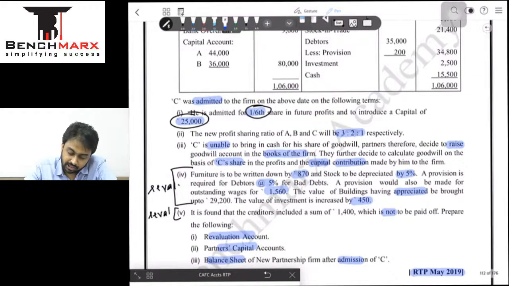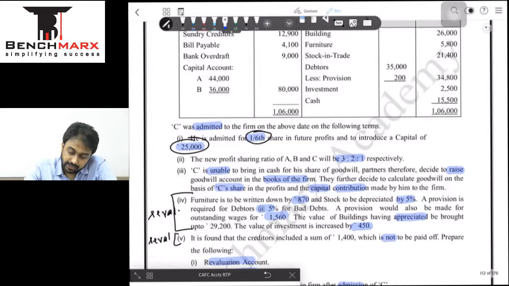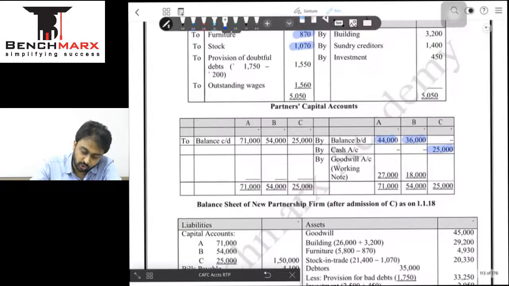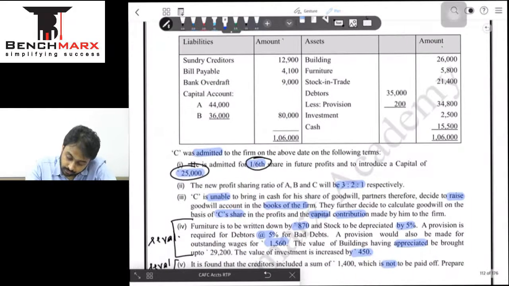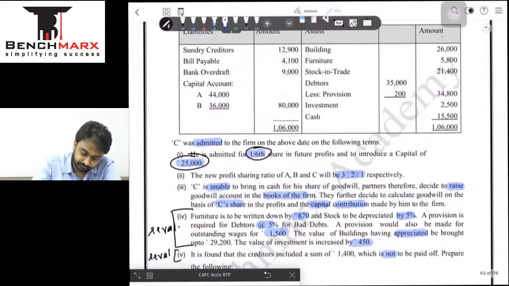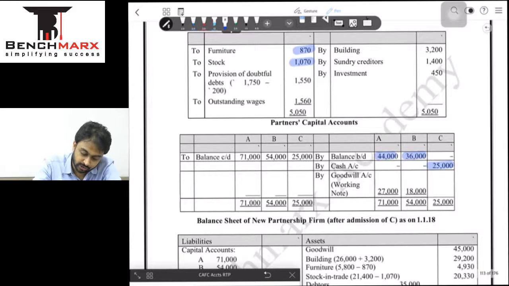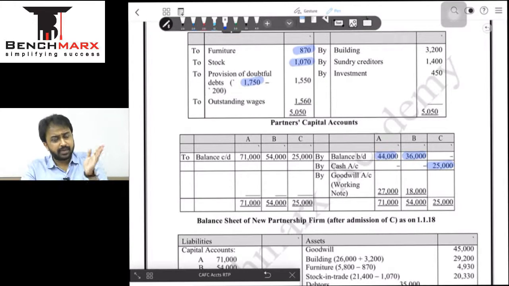Then provision 5% for bad debts. So debtors appears to be 35,000. उसका 5% is 1750. किधर गया अपना provision for doubtful debts? 1750 and हाँ. So 1750 is going to be posted here in the outer column. We would be writing the provision ka liability on the credit side, because that is my existing liability.